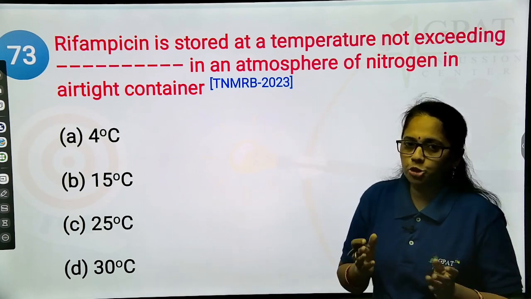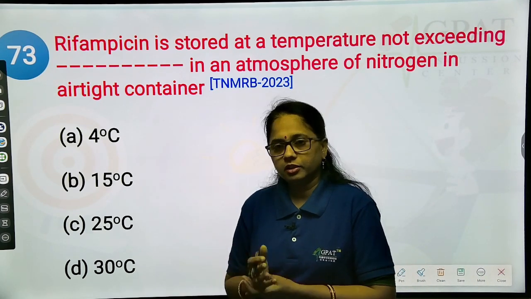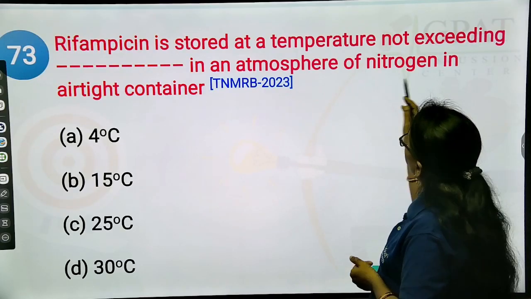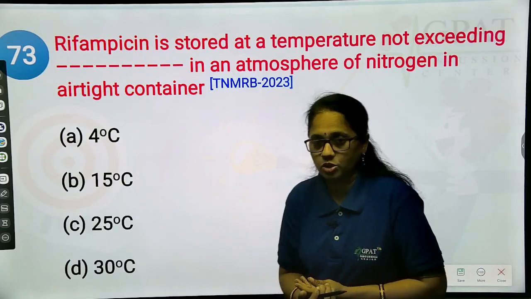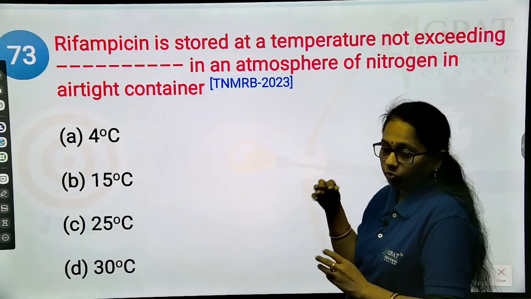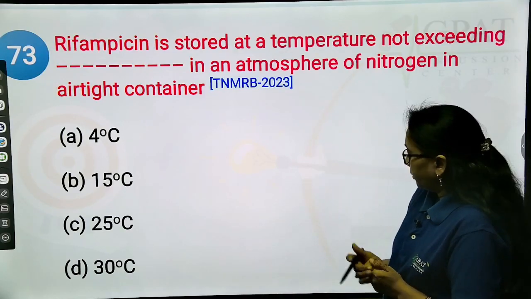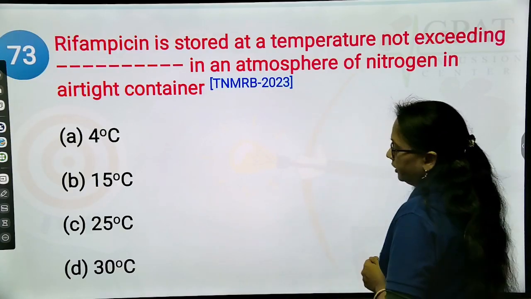So, it should be stored in an airtight container through which light should not pass, and also in an atmosphere of nitrogen. Let us see the temperature they are asking, not exceeding which the shelf life is maintained: 4 degrees, 15 degrees, 25 degrees, 30 degrees centigrade.